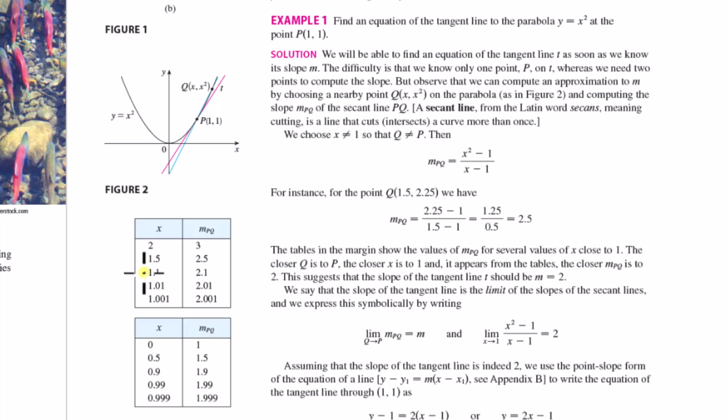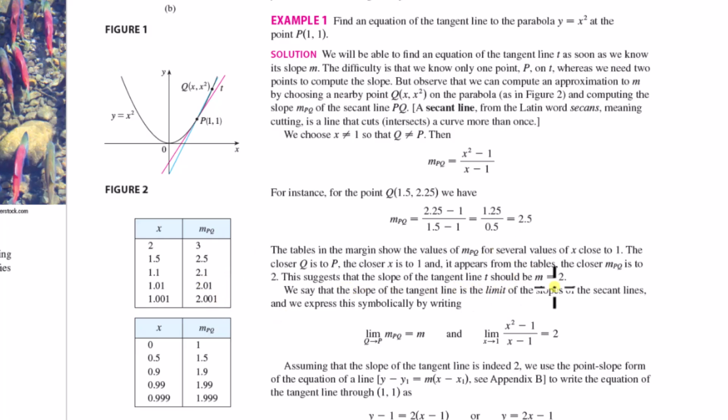So 2, 1.5, 1.1, 1.01, 1.001. If we track what the slope of the secant line is doing as we get closer to 1, it looks like it is getting closer to 2, coming from above 2. So this suggests that the slope of the tangent line t should be m equal to 2.